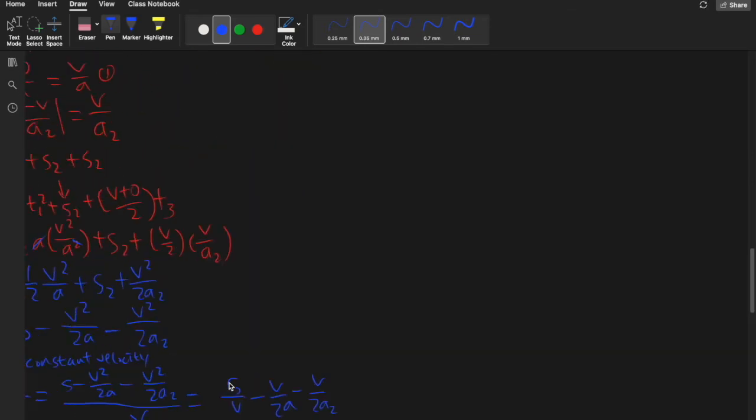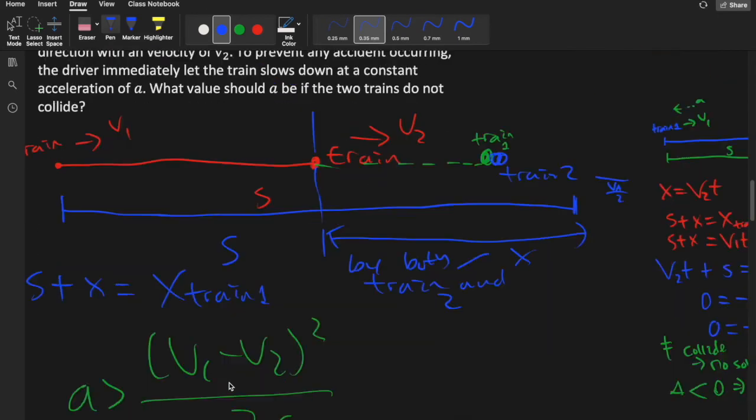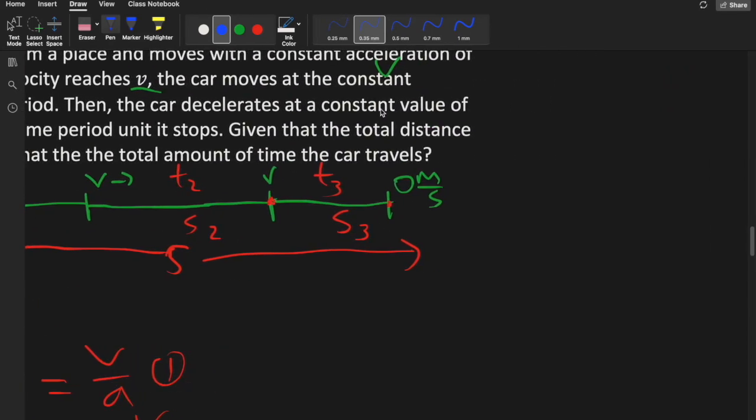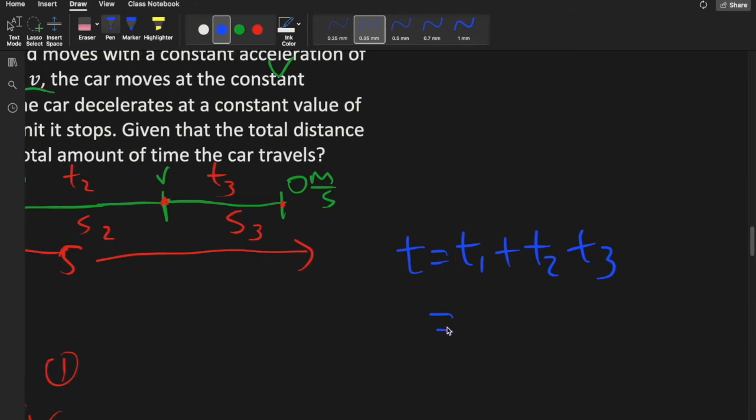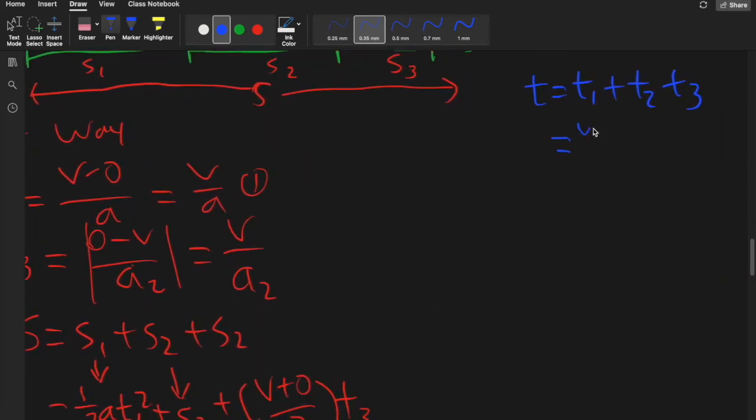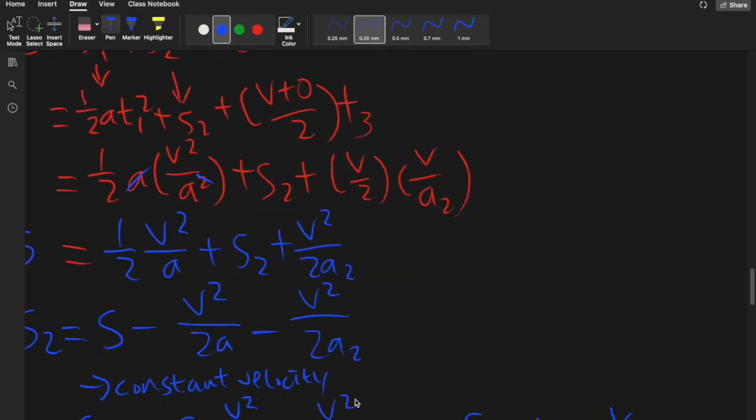So let's see. We know that the total time is equal to t1 plus t2 plus t3, which is equal to v over a plus v over a2, and this thing right here, plus s over v minus v over 2a minus v over 2a2, right?